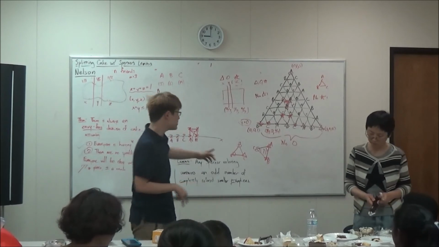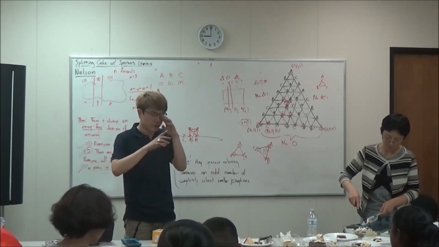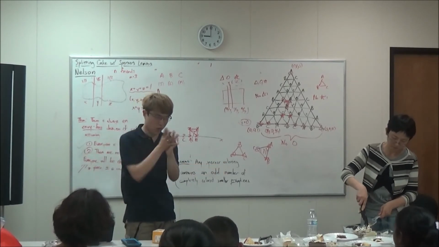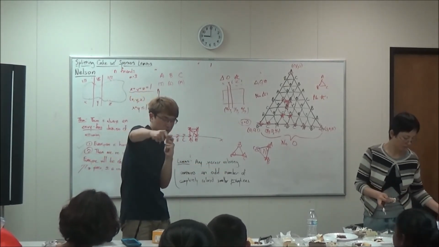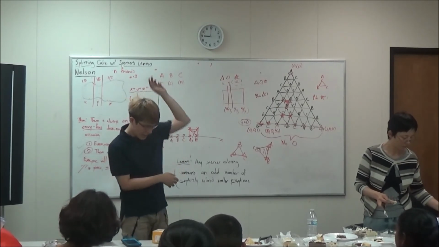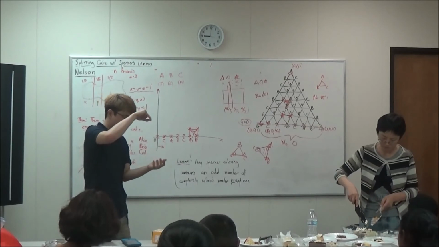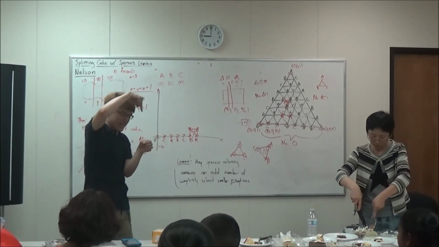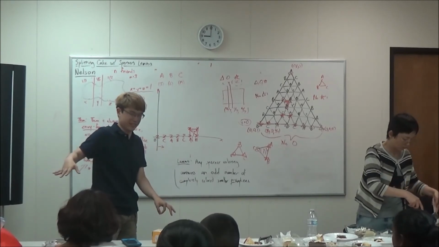You can also use this to show that if you take a map of a place, like a map of Cupertino, and you crumple it up without ripping or tearing it, maybe it's on clay, so you could stretch it out, crumple it a little, and throw it on the ground, then there's always exactly one point on the map that is exactly above the point it corresponds to in Cupertino.